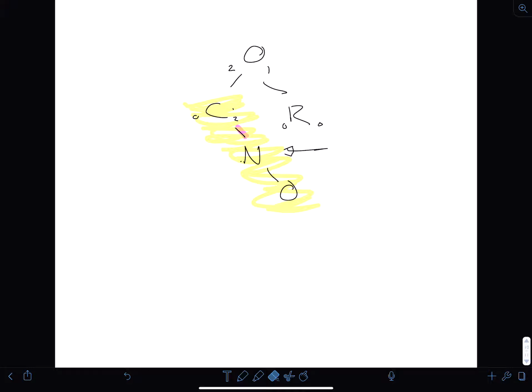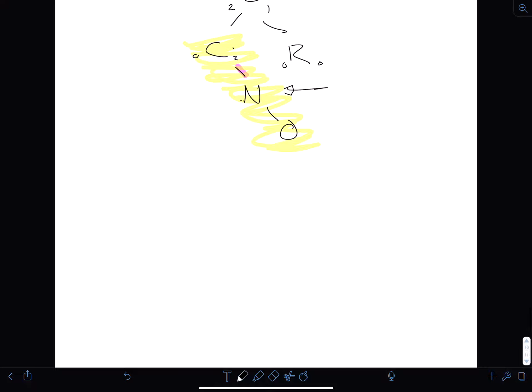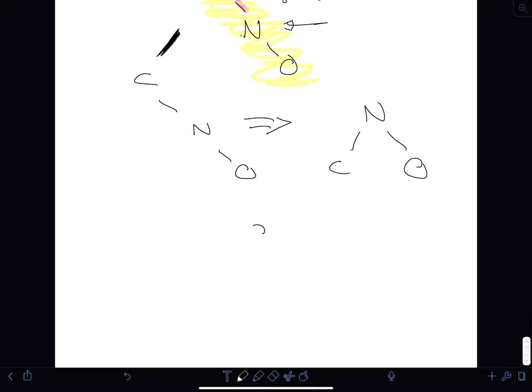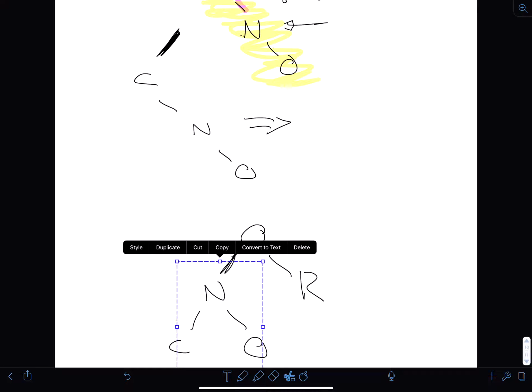So, C, N, O, and it has a line coming from there. We won't mess with that one. That is just going to become that. And then we'll plug it back in. So we have our O, we have our R, and we have the line there. So go ahead and plug it in.